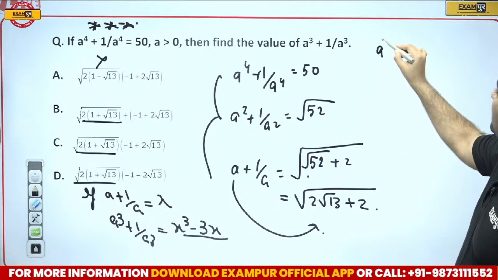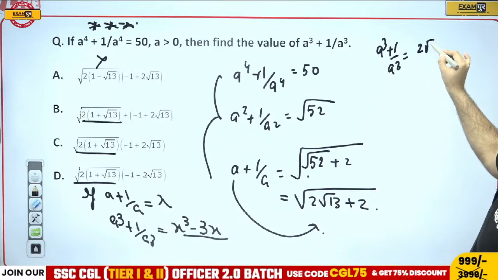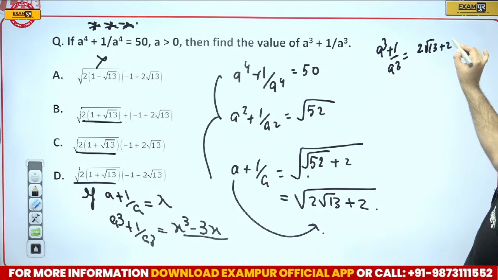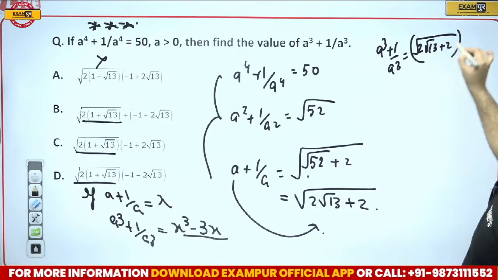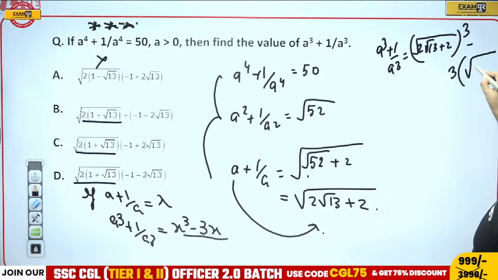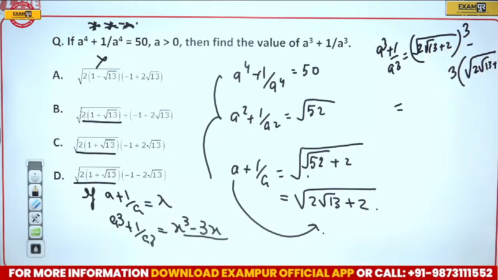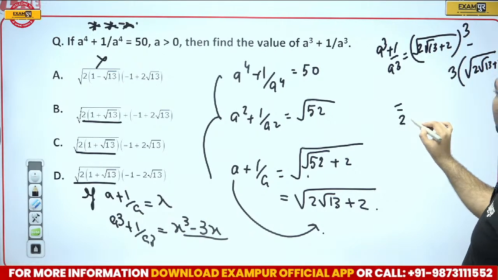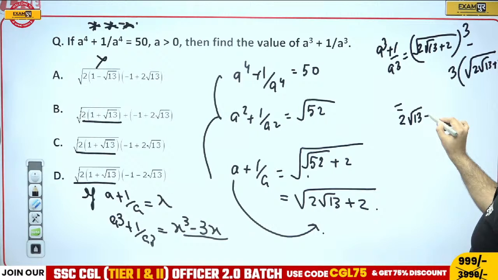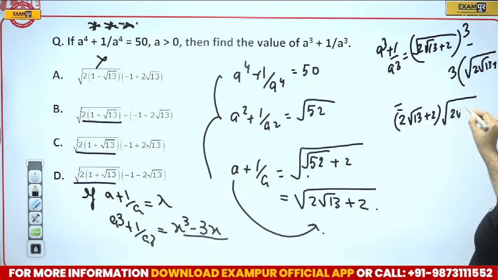Do the cubing. a cube plus 1 upon a cube is the cube of 2 root 13 plus 2, minus 3 times 2 root 13 plus 2. Its cube: 1 will come without cube and 1 will remain with cube. I think you might have read this before.